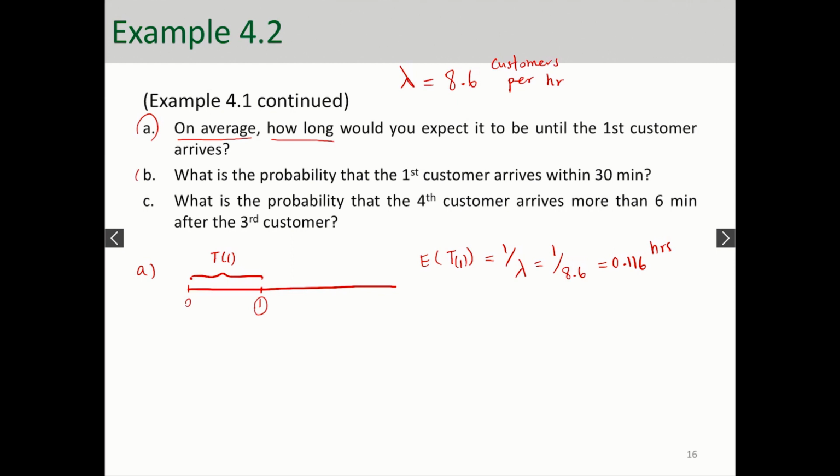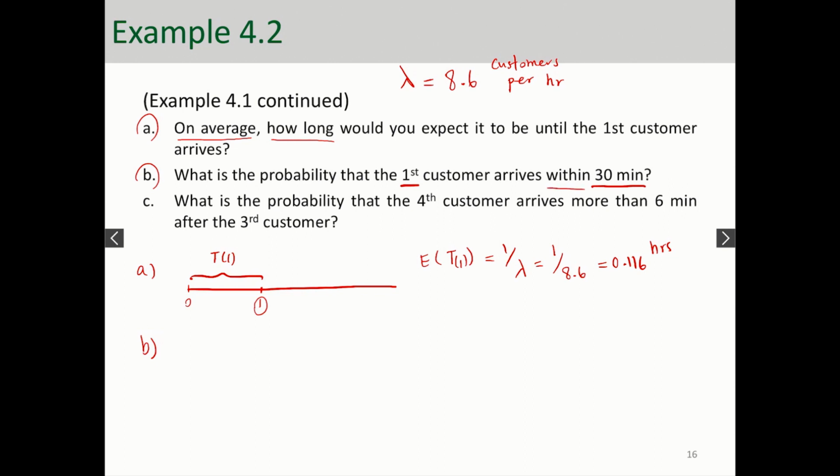In part B, we're calculating some probability. What is the probability that the first customer arrives within 30 minutes? So in this case, we were talking about the same interval that we're talking about here, T1, the time it takes for the first customer to arrive, and what is the probability of that being less than 30 minutes?